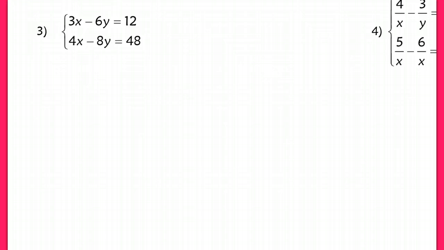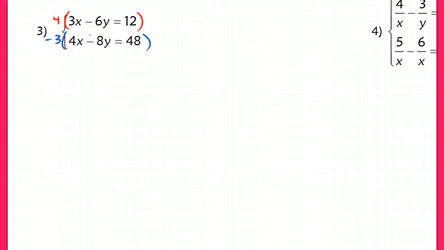And if I want to eliminate the y's, what I'm going to do is multiply by a 4 in the top and multiply by a negative 3 in the bottom. And the reason is because the least common multiple here is 24 and not 48.